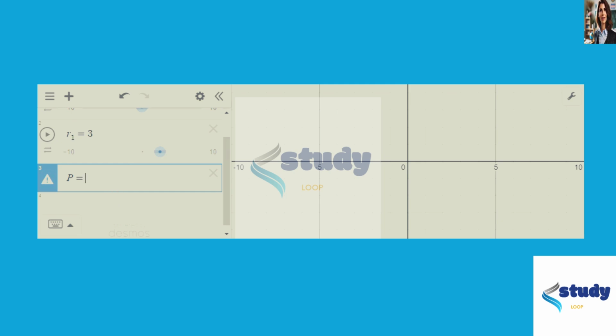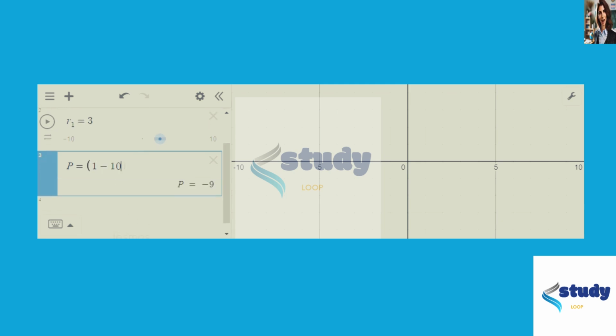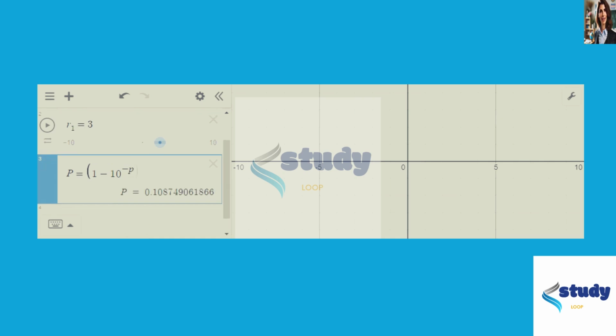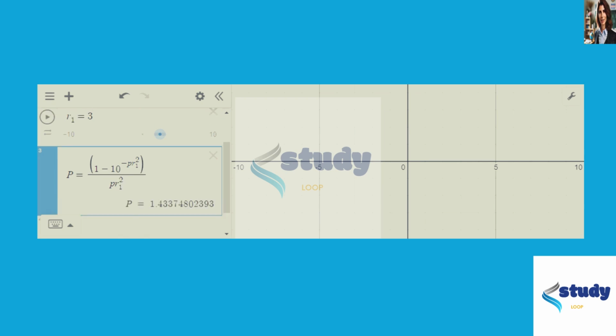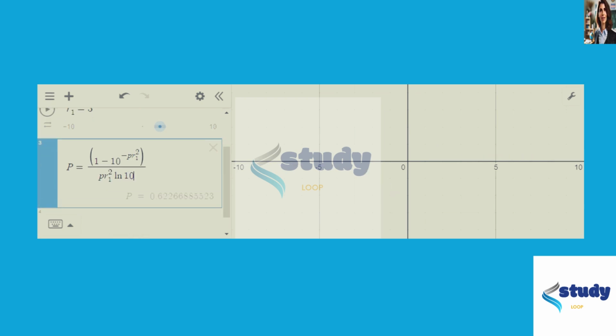P equals 1 minus 10 to the negative P R1 squared power over P R1 squared times the natural log of 10.